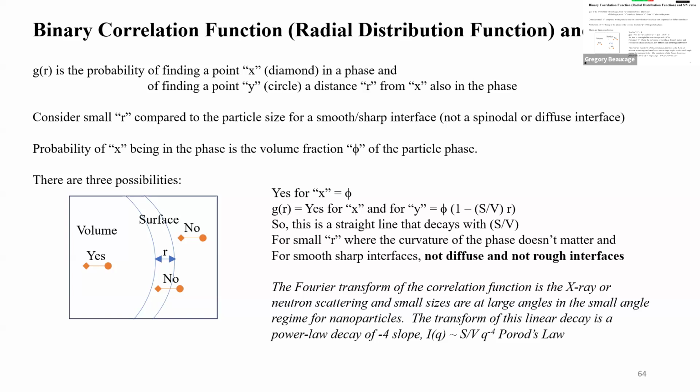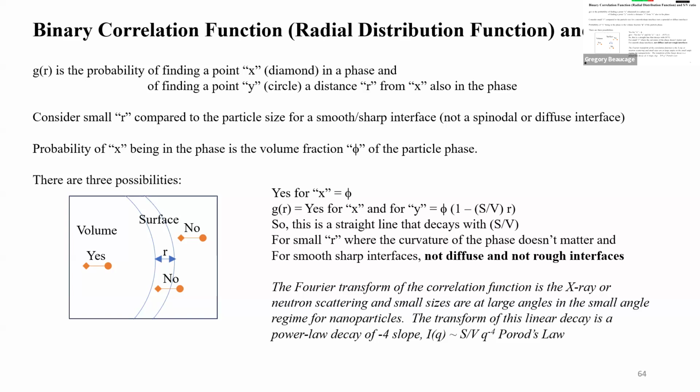The initial slope is the surface to volume ratio. Then it goes to a peak, dampens out, and this is the average concentration out here, because once you're far enough, it's just whether it's in a phase or not. That's just the average concentration.